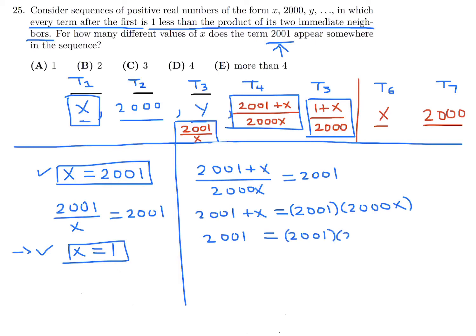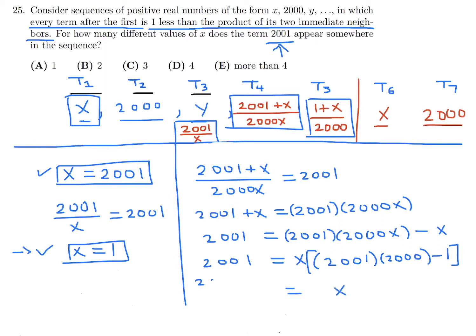2001 is equal to 2001 times 2000 x minus x. Factor out the x and you'll get 2001 times 2000 minus 1, and therefore x is equal to 2001 over 2001 times 2000 minus 1.